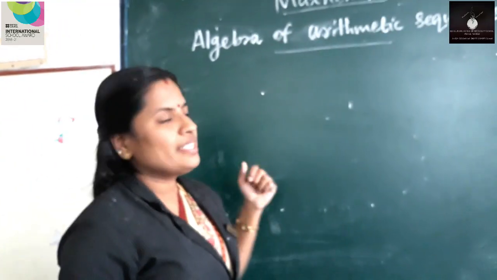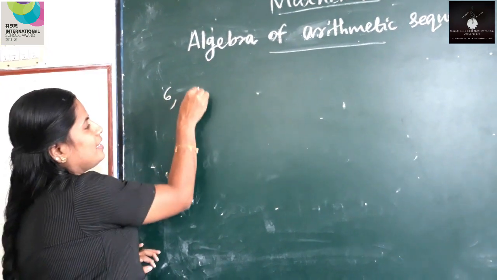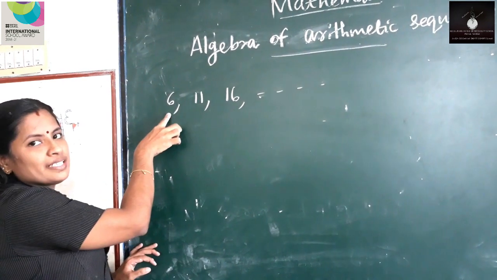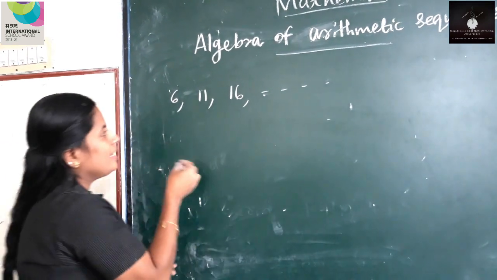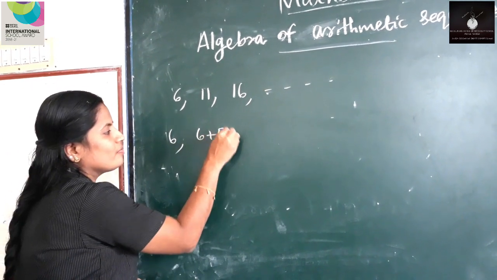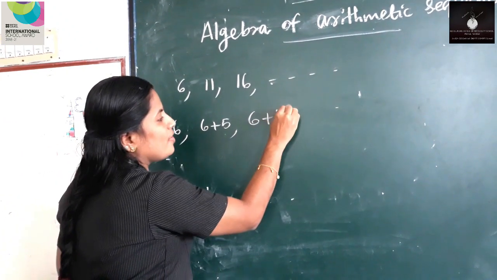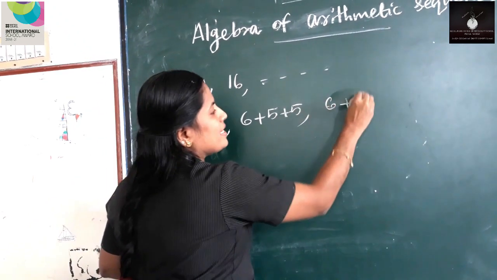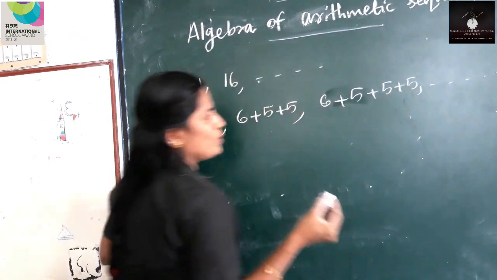Algebra of arithmetic sequence. Let us take an arithmetic sequence 6, 11, 16 and so on. The first term is 6, second term is 11 and third term is 16. It can be written as 6 plus 5, the common difference is 5. Then 6 plus 5 plus 5 and the fourth term is 6 plus 5 plus 5 plus 5 and so on.